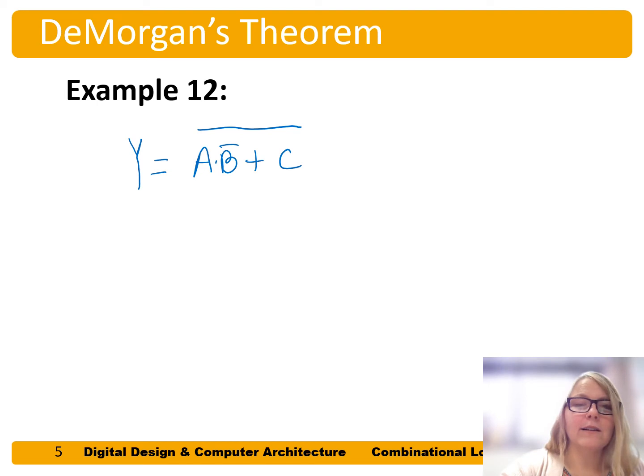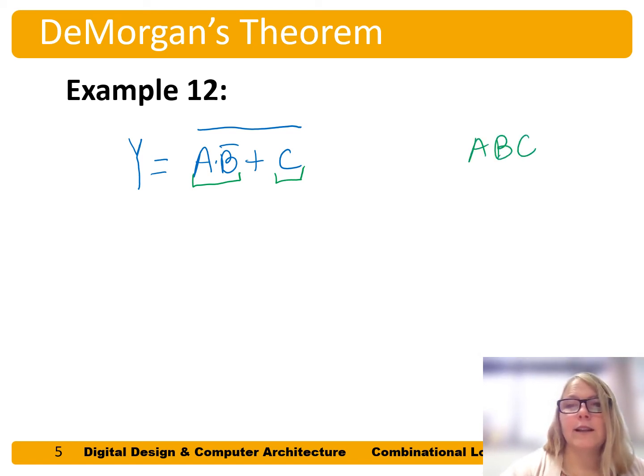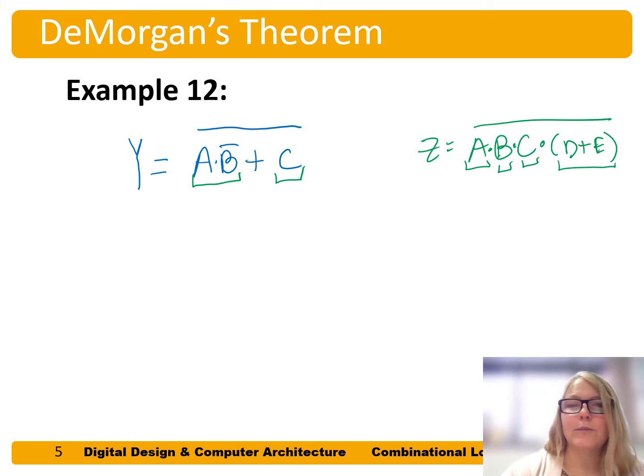We're applying DeMorgan's to an expression that has a bar over it, either an OR expression or an AND expression. So if we had another equation over here, we would take it as a bunch of terms that are ANDed together under a bar.